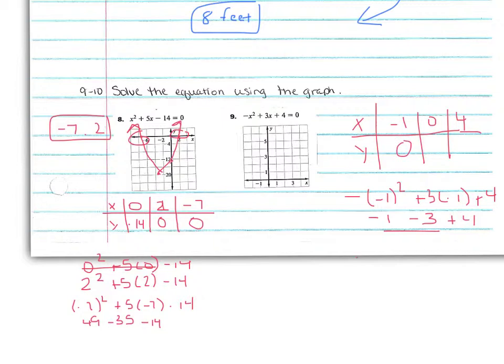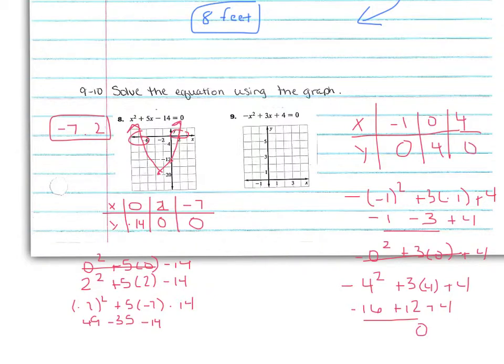For 0, -0 squared plus 3 times 0 plus 4, those all become 0, so you're left with just a 4. And then for 4, it's -4 squared plus 3 times 4 plus 4. And that's going to give you -16 plus 12 plus 4. -16 plus 12 is -4, and -4 plus 4 is 0.